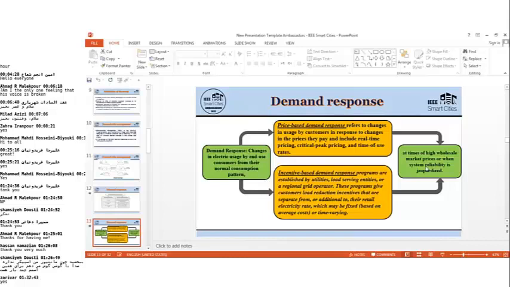These programs give customers load reduction incentives that are separate from or additional to their retail electricity rate, which may be fixed or time varying. In other words, you as a customer will receive some money or some incentive to reduce your consumption intentionally in peak periods to help the grid serve electricity to its customers.